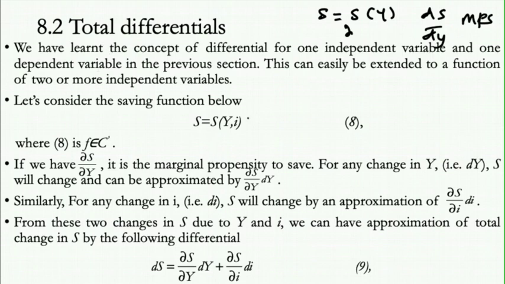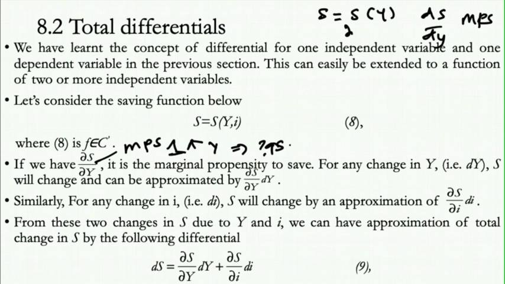If we have delta S over delta Y, this is what we call the marginal propensity to save, MPS. If we recall the interpretation, for every 1 unit increase in income, how much is the increase in saving? 1 unit.